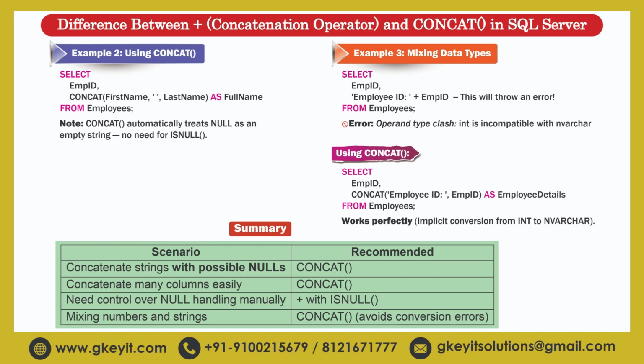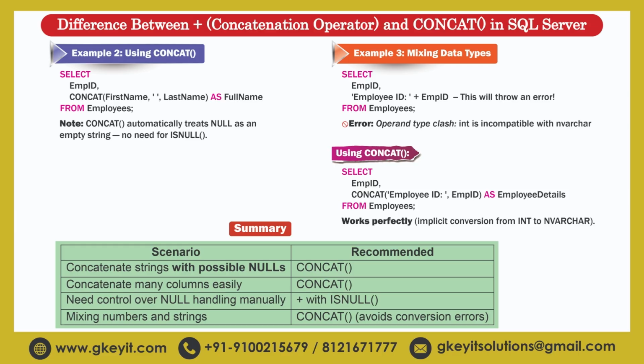Coming to the summary, when to use the concatenation operator and the concat function. If you have a scenario of concatenating strings with possible nulls, then we can use the concat function; it is recommended here. If you want to concatenate many columns easily, we can use the concat function instead of the concatenation operator.